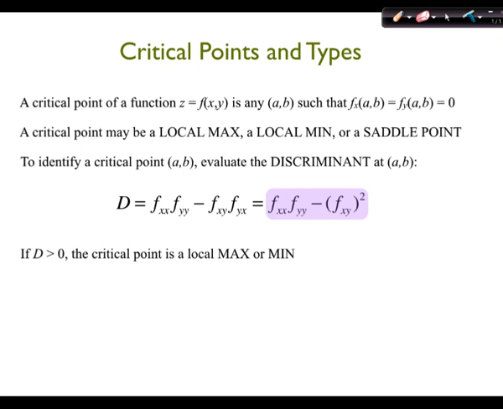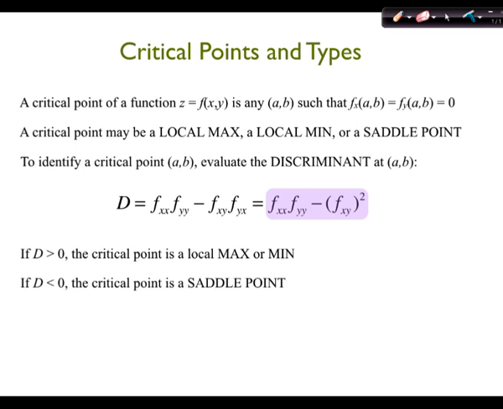We have a decreasing rate of change, so it's a local max. If you got a positive discriminant and the second derivatives are positive, what does that mean? It means you have an increasing rate, so it's getting less negative or more positive. What would you have then, max or min? Min.